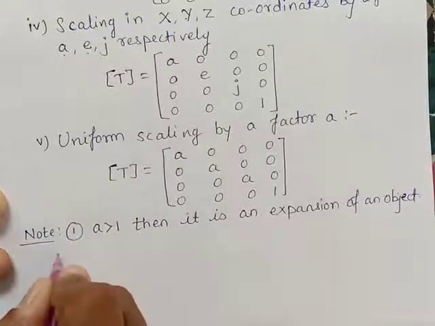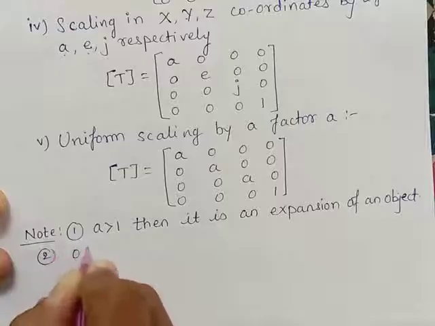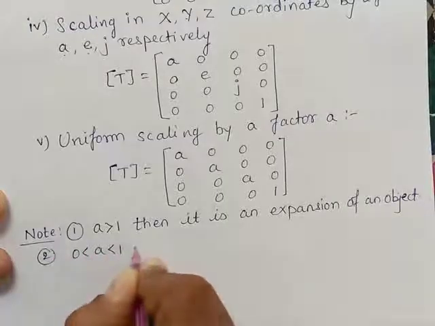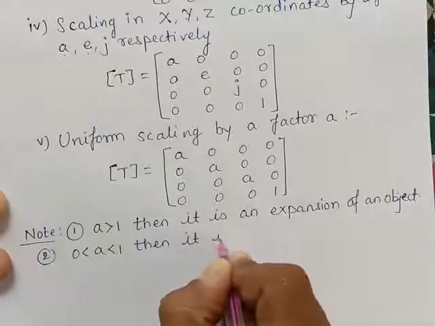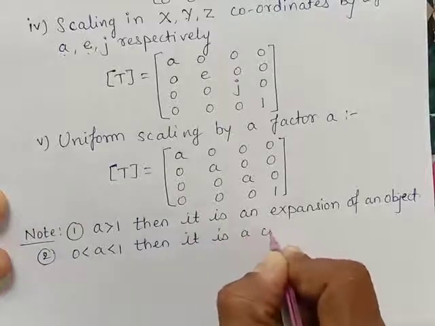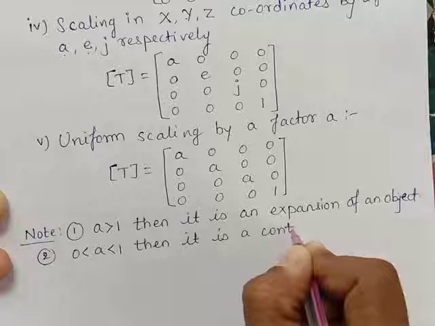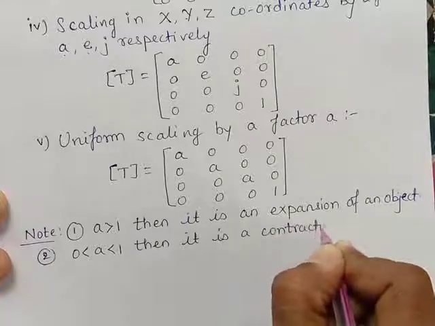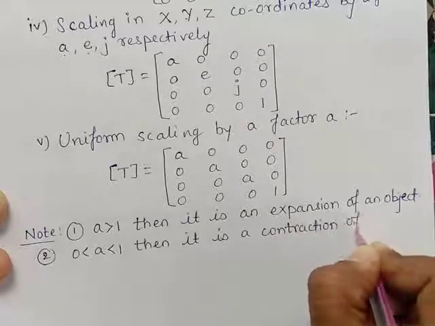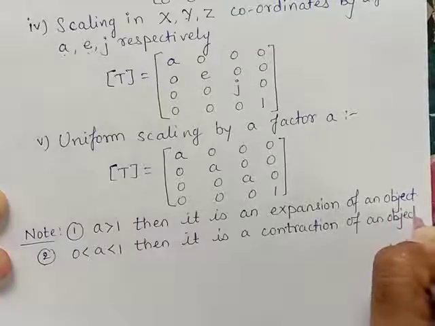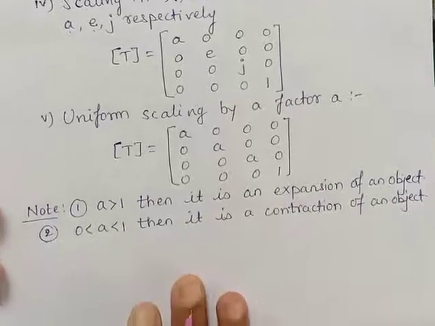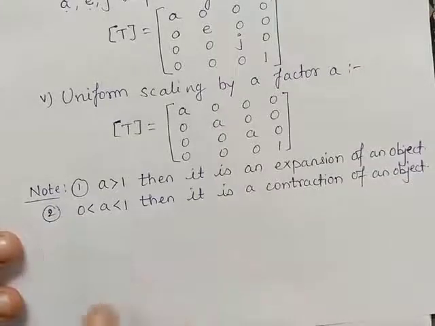And if 0 is less than A less than 1, then it is a contraction of an object. Okay, memorize this.